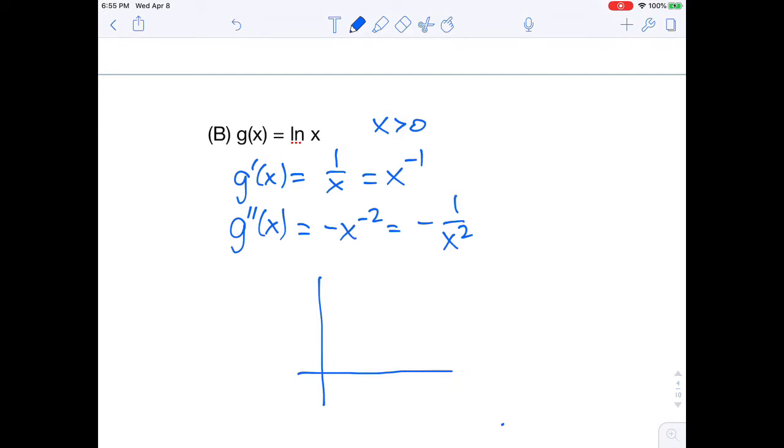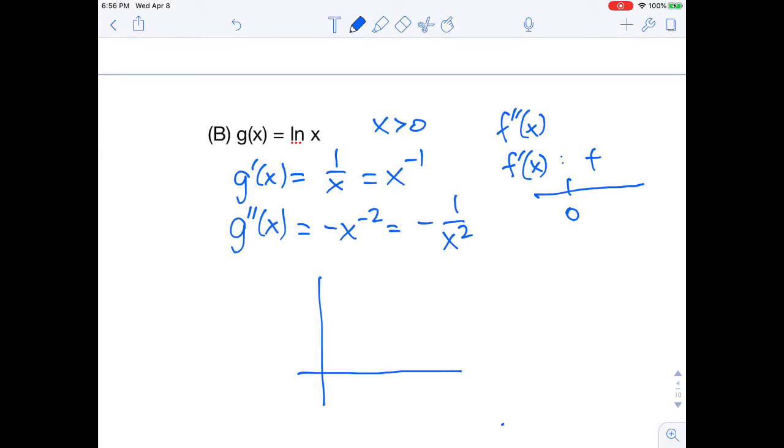So graphing that, what will that look like? When x is positive, the first derivative is positive.